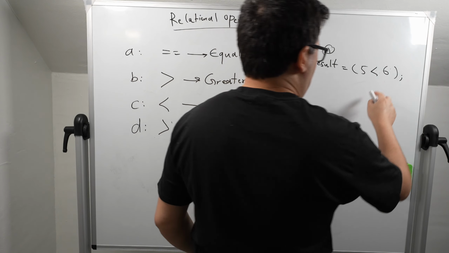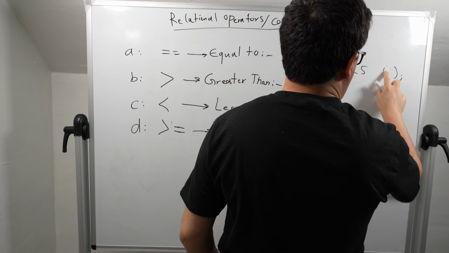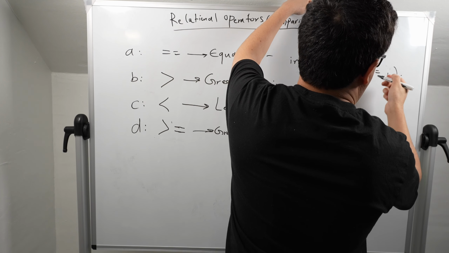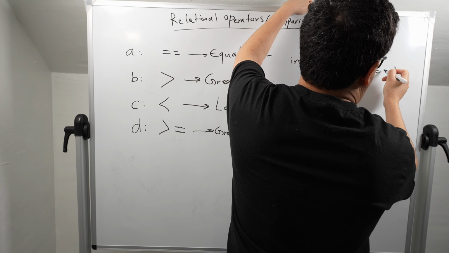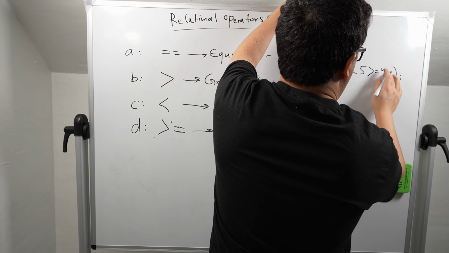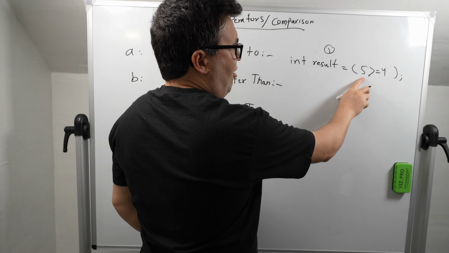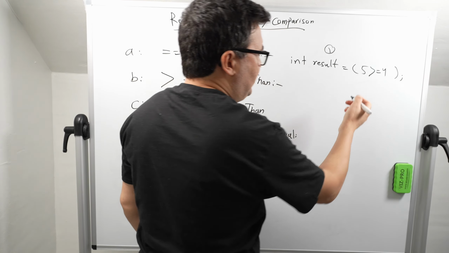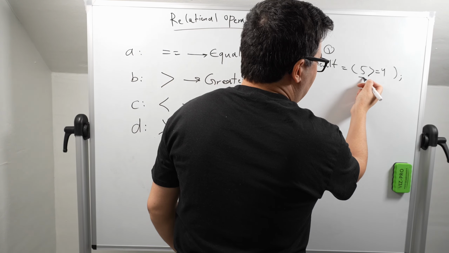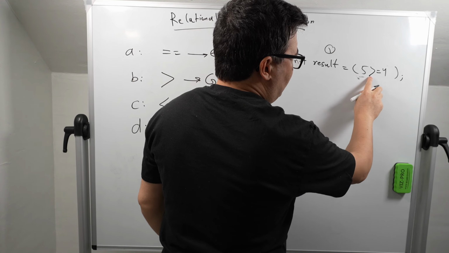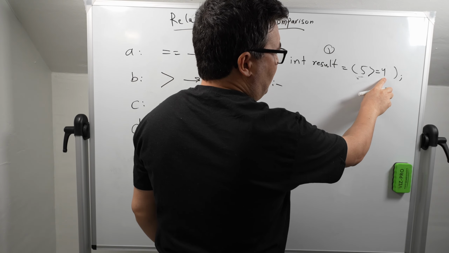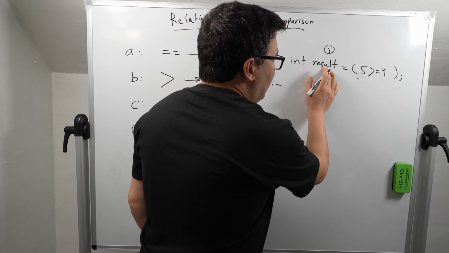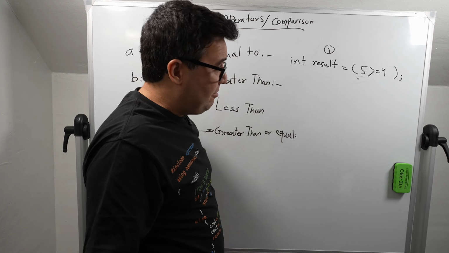In this case, 5 is greater than or equal to 4. It means the first operand should either be greater than the second value, or be equal to the second value, and then the result will be true, otherwise the result will be false.